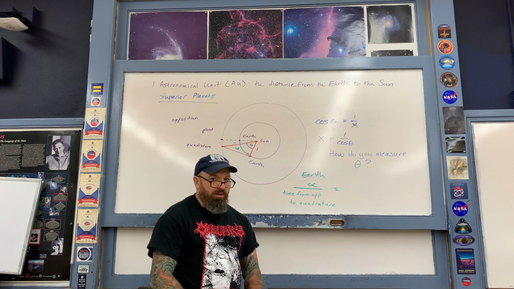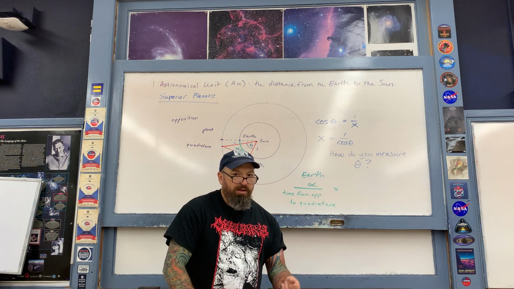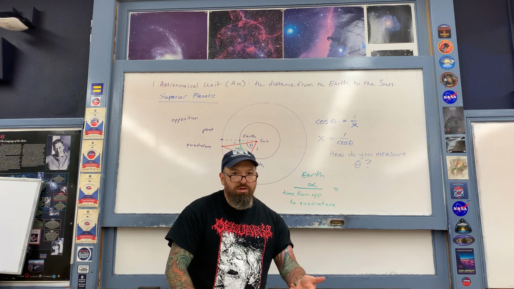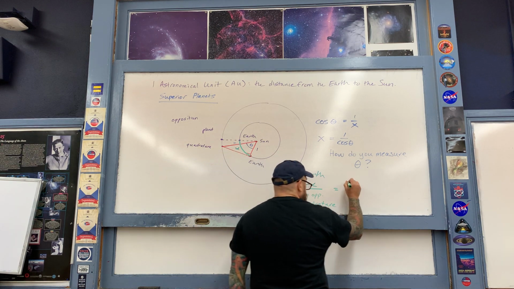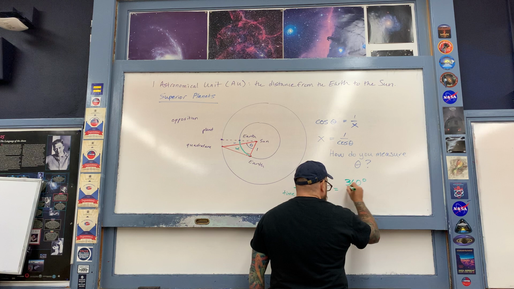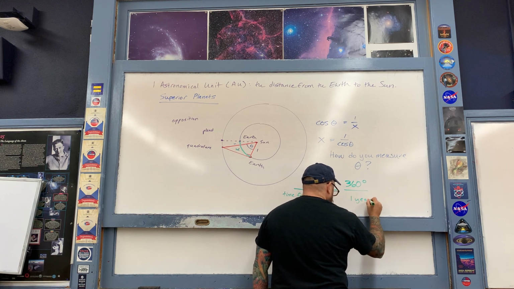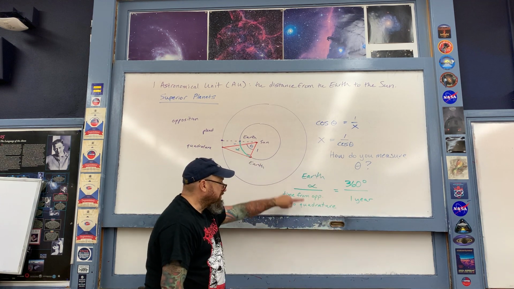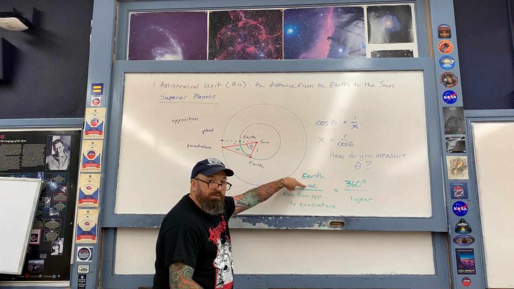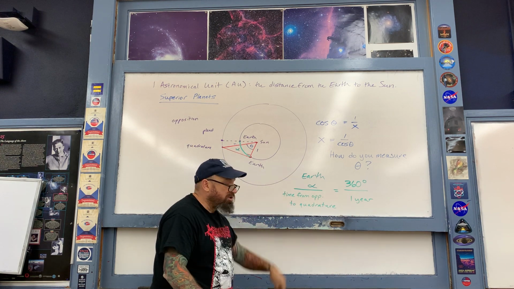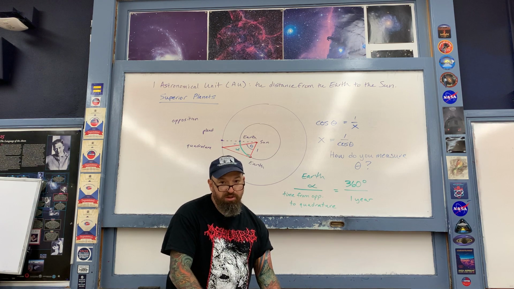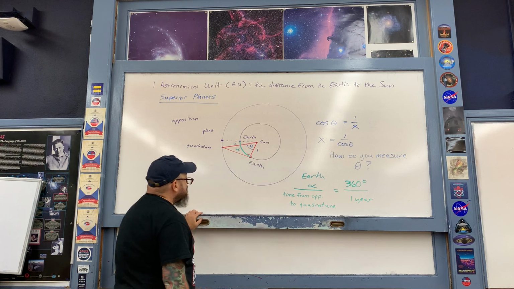This is then equal, as a proportion, to the following. It takes the Earth 1 year to go 360 degrees on its orbital circle. So 360 degrees corresponds to 1 year. You would then just cross multiply and find the angle alpha. In doing so, the time in the denominator of the expression would have to be written in terms of years.